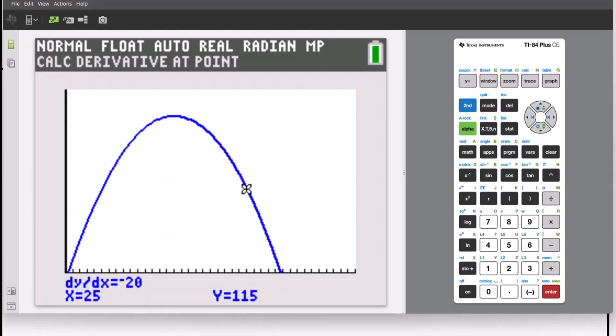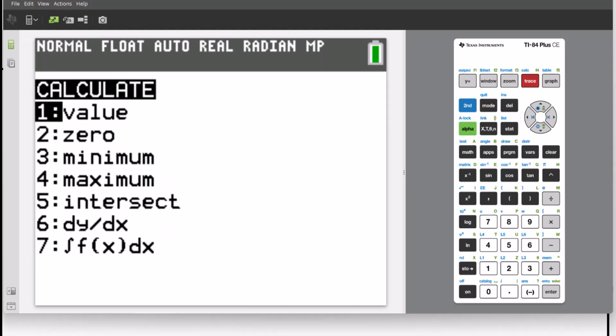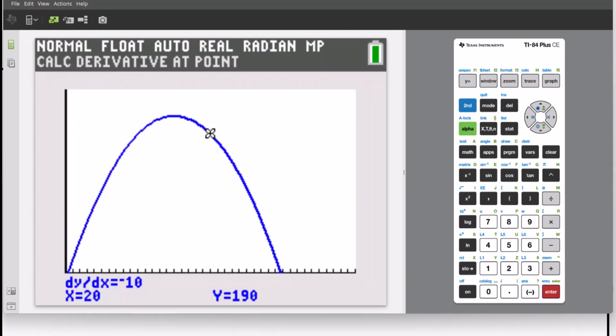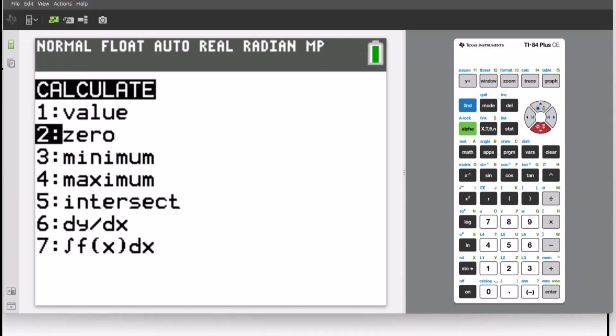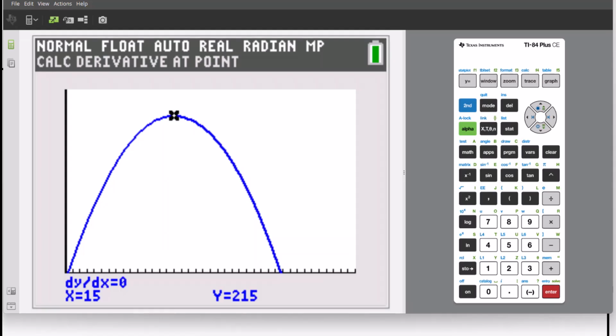And so what should happen? If I move to the left and right of it, if I trace, for example, 20, you can see that the slope there is negative 10. If I go back to calculate the slope at, instead of 20, let's say 15, you can see that the slope is equal to 0.